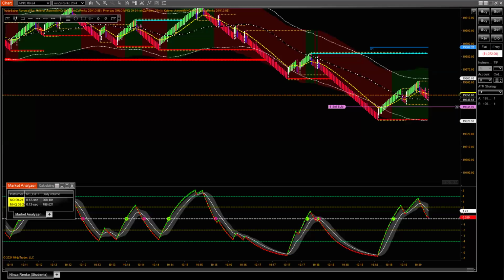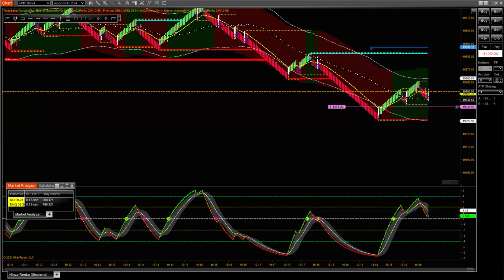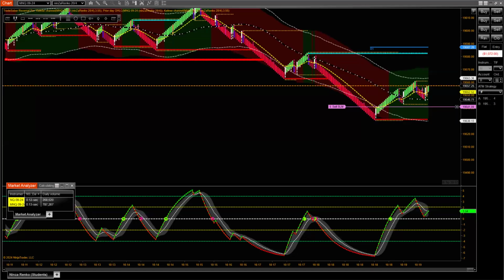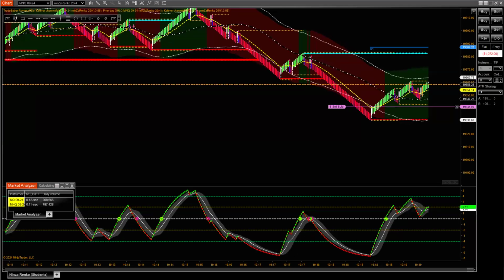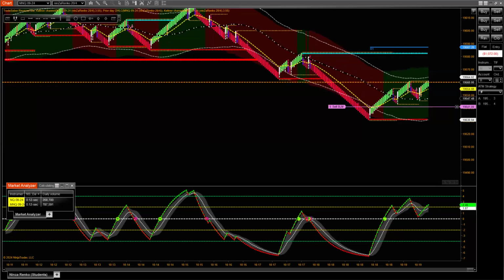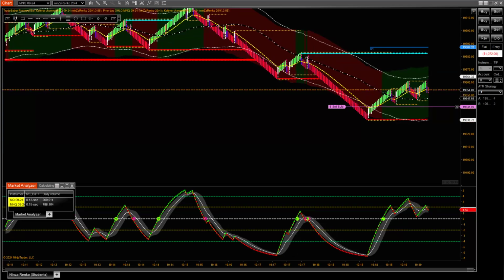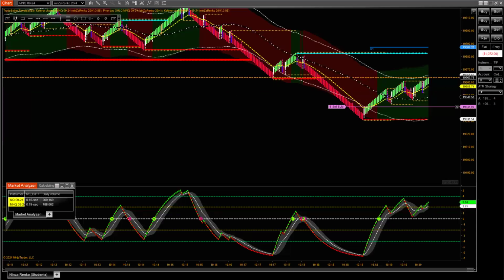So what are they going to do? I can't really base anything on this. They're going to go to the top of that band and then come back down. It's so tight. That's exactly how they're framing the price, a really tight range.